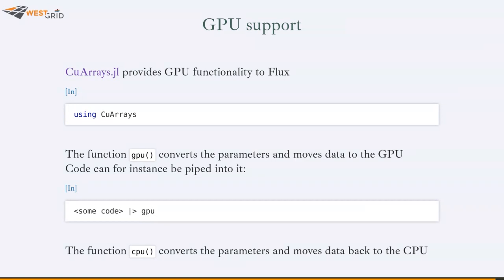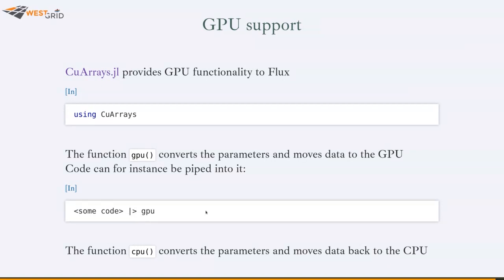And Flux itself, the model architecture, is kernel agnostic. It works both on CPU and GPU. So the only thing that needs to be converted are the actual parameters, and gpu takes care of that. So you can pass your model to the gpu function, and boom, you can use the GPU.